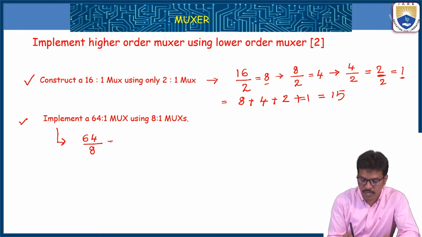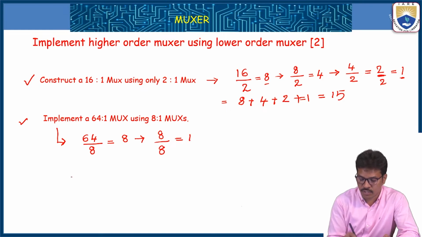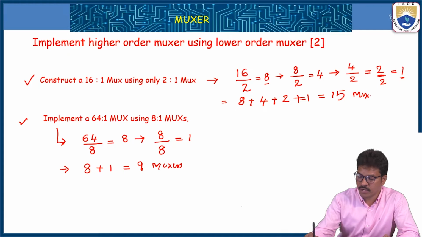So 64 divided by 8, you will get 8. And again take this 8 divided by 8 by 1 multiplexer, you will get 1. So the resultant value is the first one, 8, plus the second one, 1, so you will get 9 muxes required. Here it is 15 muxes required.